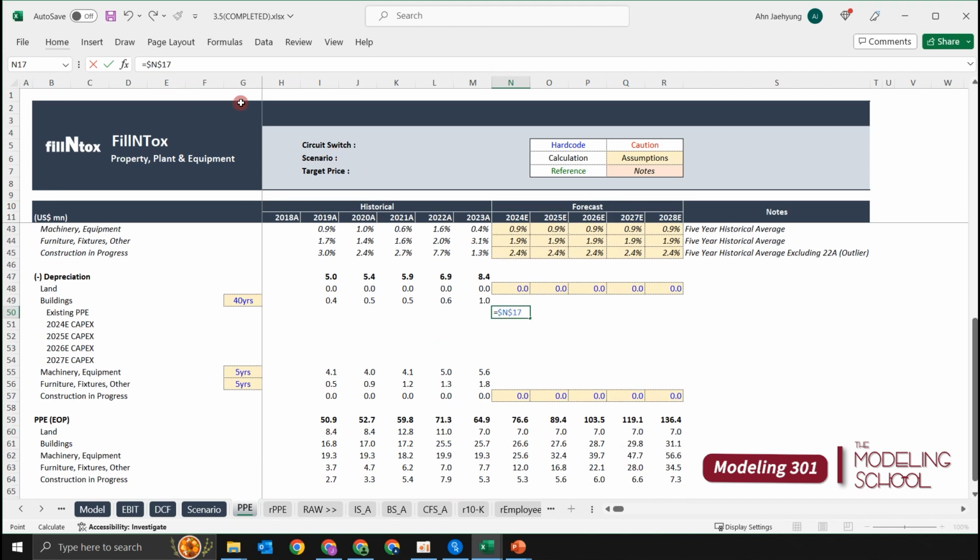We're going to press F4, and this is going to be divided by 40 years. So spread it out evenly for 40 years. So an amount worth $0.6 million would be depreciated for the existing PPE.